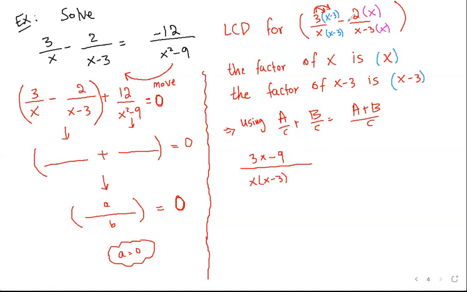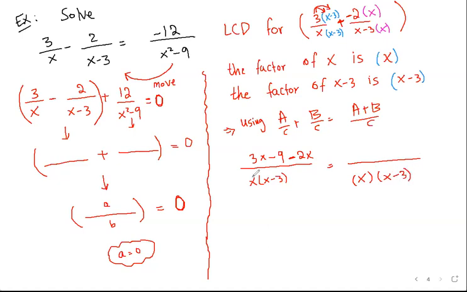Okay, for the second one, here we have minus. Let me make them positive, and then I make it here negative. I transfer the negative from here to the 2. What do I get here? Minus 2x. Now the denominator, I keep it like x times x minus 3.